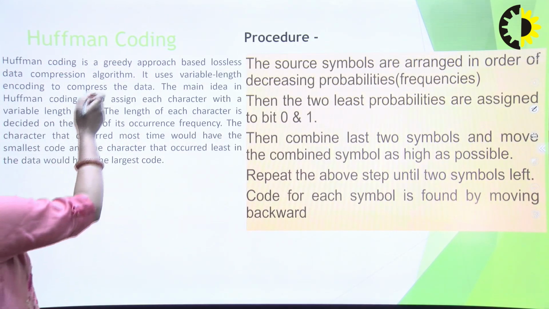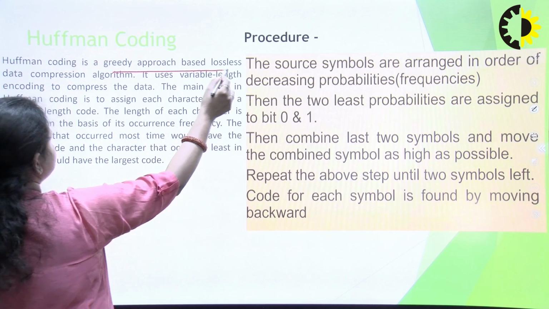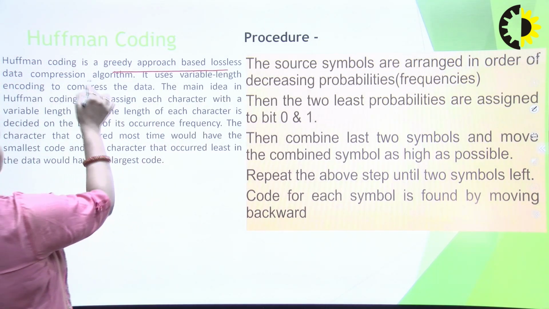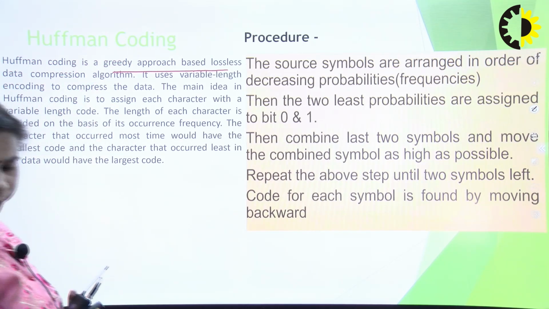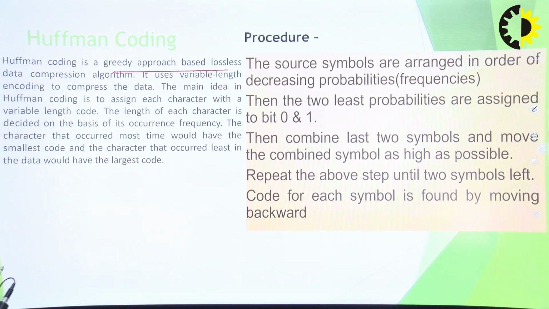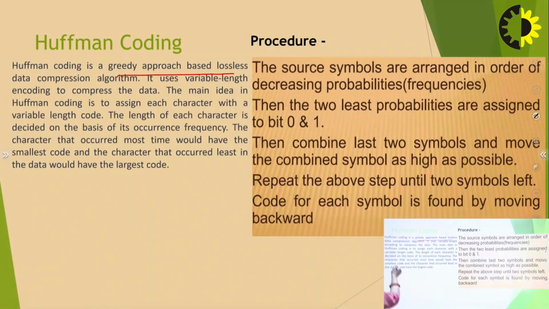Huffman coding is a greedy approach based lossless data compression algorithm. It uses variable length encoding to compress the data. So while using this coding, we are just compressing the data.